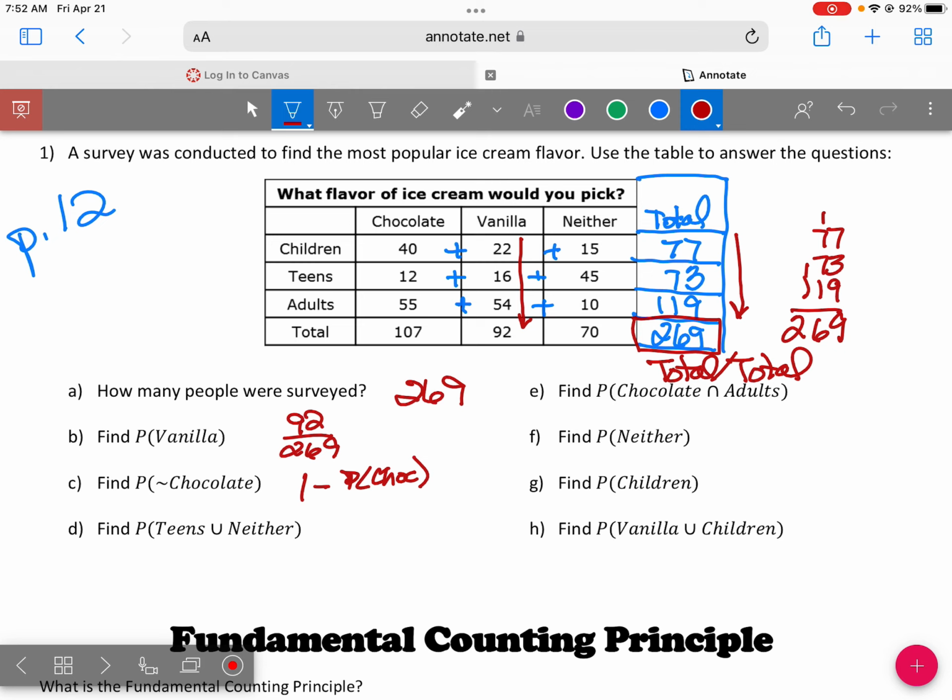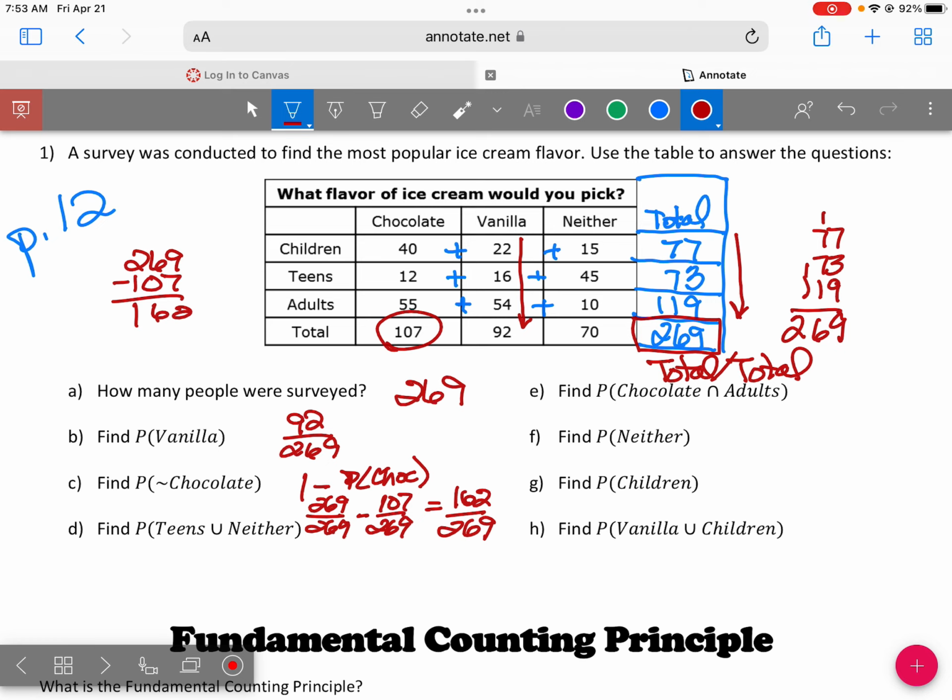And since I have 269 over 269 minus how many people did like chocolate? 107 over 269. So 269 minus 107 is going to be 162 over 269. Does everybody see how I do the not statements for probability? Okay.